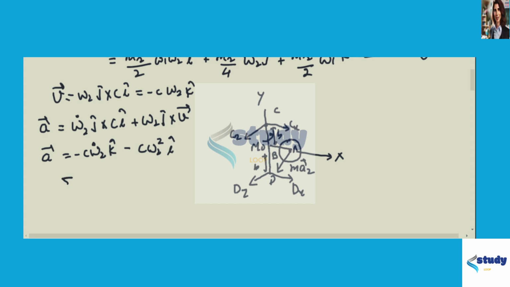Now summation of F is equal to mass into acceleration. So Cx i cap plus Cz k cap plus Dx i cap plus Dz k cap is equal to ma.